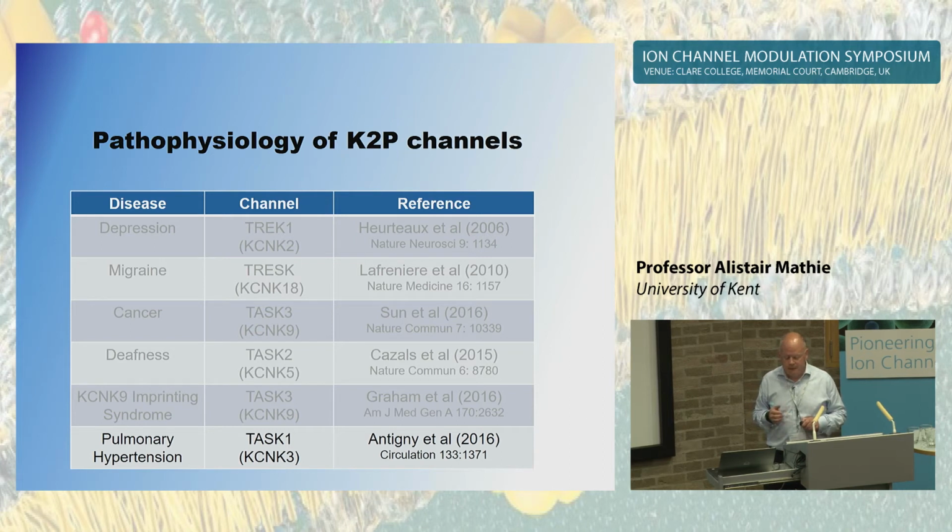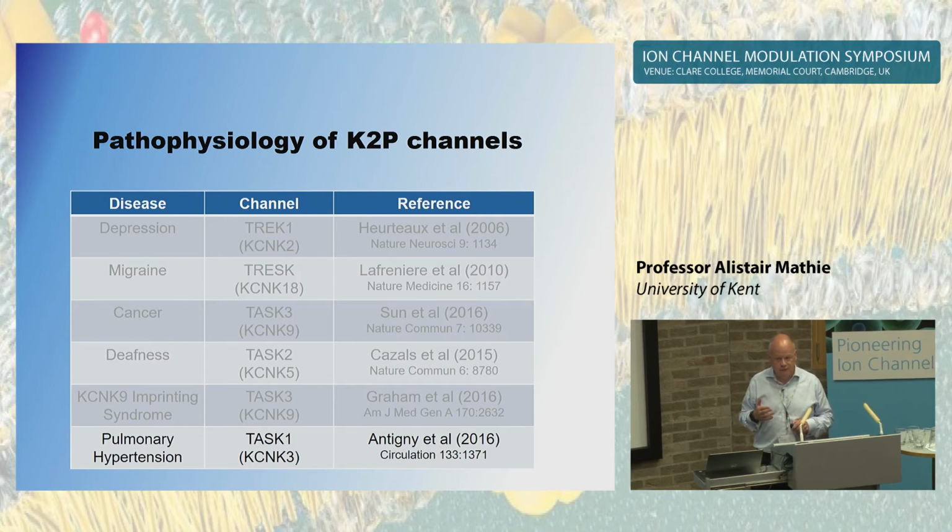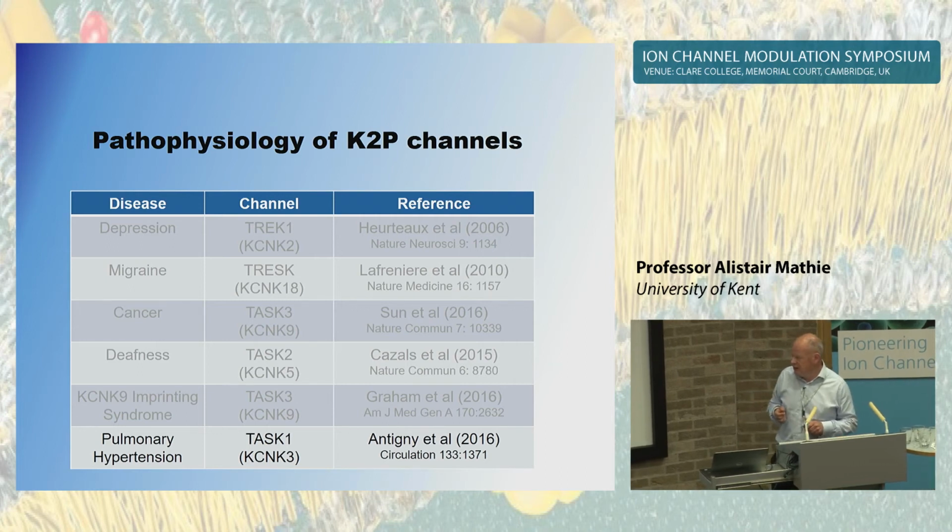I think on average globally, about 1 in 20,000 people suffer from pulmonary hypertension, but its incidence is vastly increased if people are suffering from other diseases, other infections. And for example, and quite interestingly related to Jamal's talk just before, people suffering from HIV infection have an increased risk of pulmonary hypertension up to 1 in 200, so a 100-fold increased risk of developing pulmonary hypertension following HIV infection.